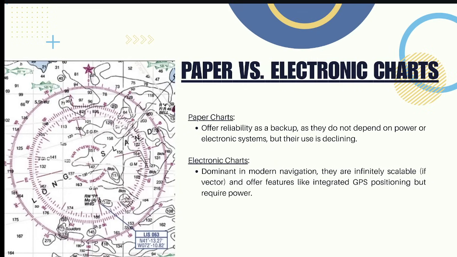The electronic charts are more dominant in modern navigation. They are infinitely scalable and offer features like integrated GPS positioning, but require power.